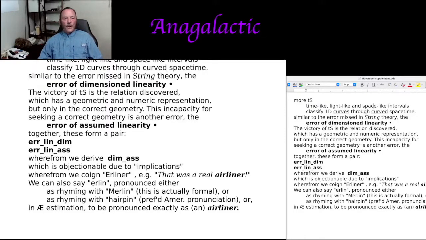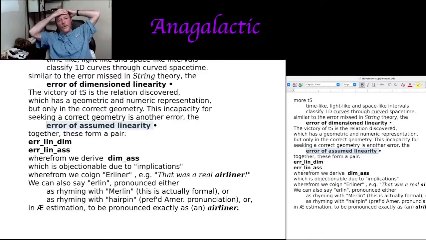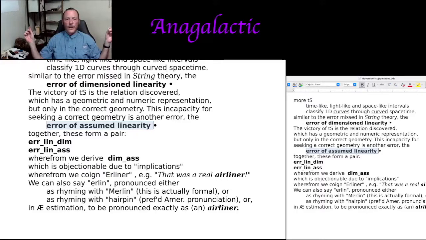Now, there's another mistake called the error of assumed linearity. I'll cover that in a while, but for now, actually, I should tell you what that means. Why am I citing two different errors? They're closely related. When you're using a straight line, that has all the numbers on it.